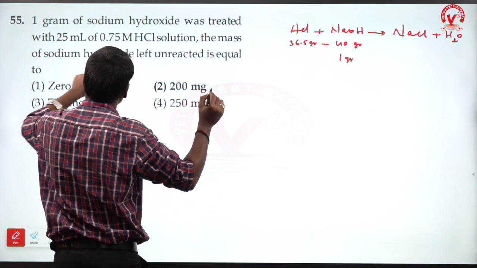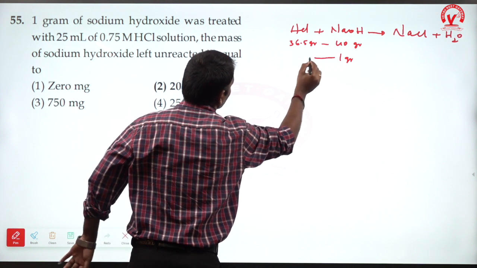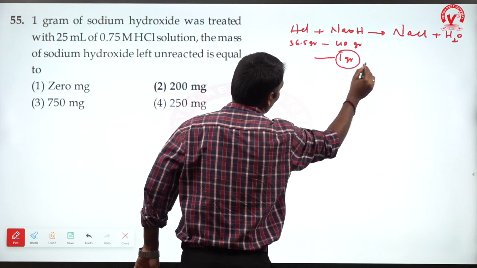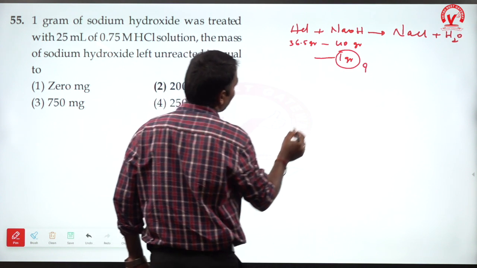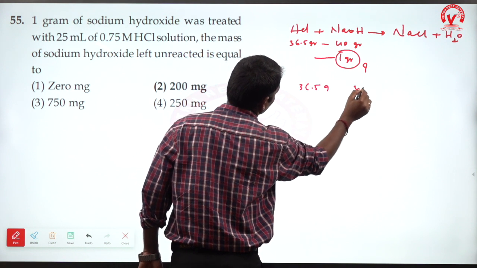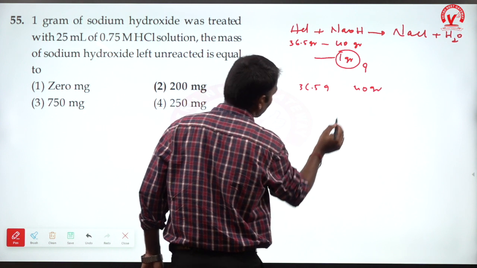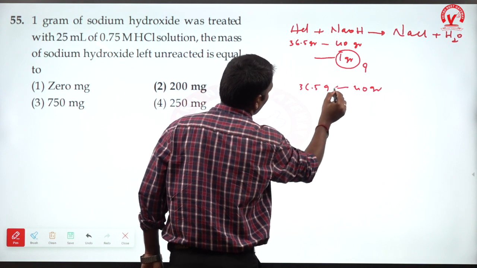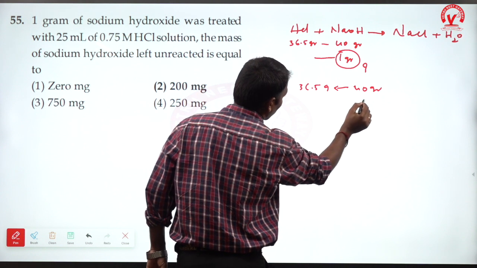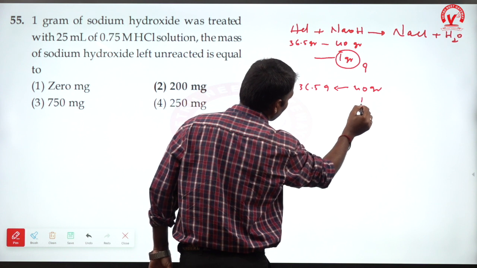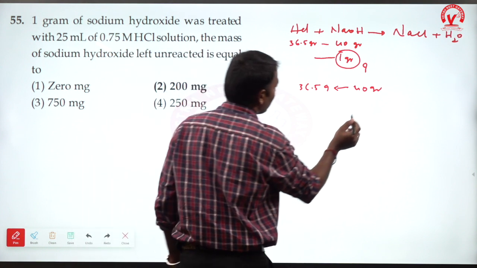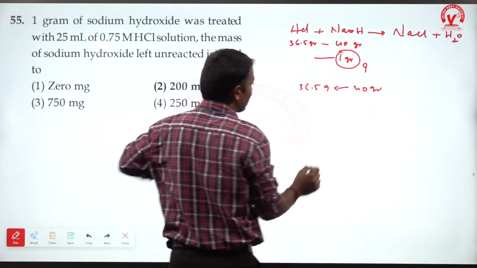We need to find how much of this 1 gram of sodium hydroxide is left unreacted. So 36.5 grams of HCl requires 40 grams of NaOH; for 1 gram it is 1 by 40 moles. 40 grams requires 36.5 grams.